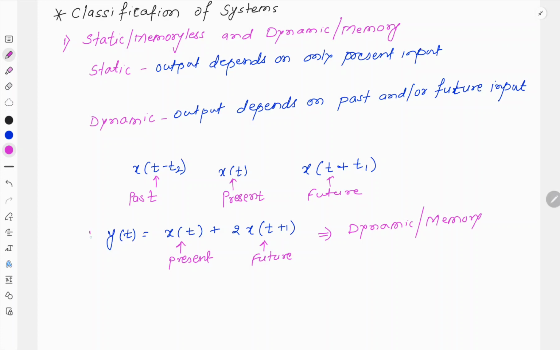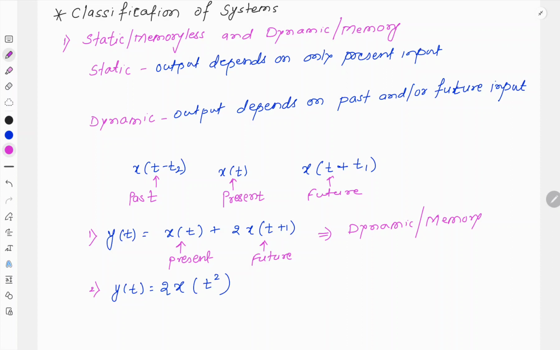Let us see few more examples. Let's say we have second example as y of t equal to 2x of t square. Now in this case, here we have simply y of t is equal to 2 into x of t.